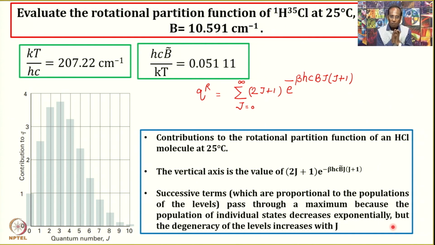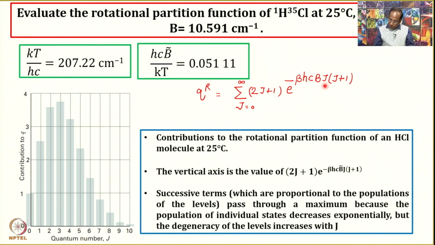The reason is that you have two terms, one corresponding to the degeneracy of the system and the other the exponential term with a negative sign. One increases, the other decreases. The compromise of both is that it passes through a maxima.